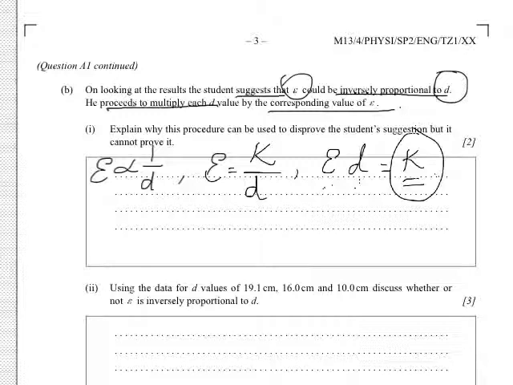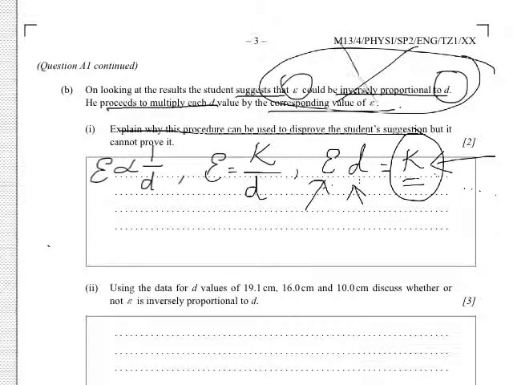Now, this is a tricky question. Explain why this procedure can be used to disprove the student's suggestion. Well, if you get your values from the experiment and you put them in, if you don't get a constant K, then you haven't got an inversely proportional relationship. On the other hand, if these are inversely proportional, the chances that your results are so meticulously perfect that they would always give you the same K value, well, that's actually quite hard to happen.